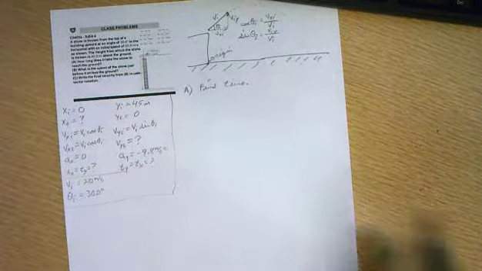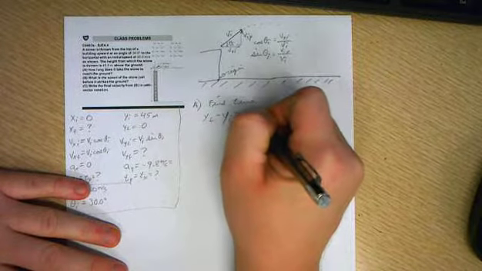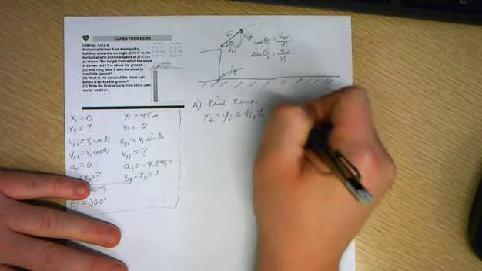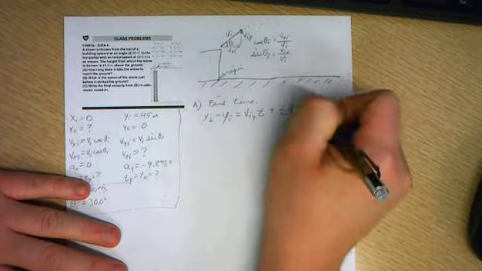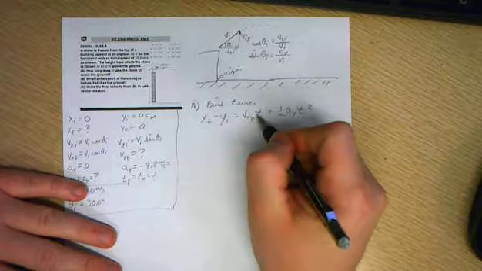Y final minus y initial equals Viy t plus 1/2 Ay t squared. Unfortunately this term doesn't equal 0.